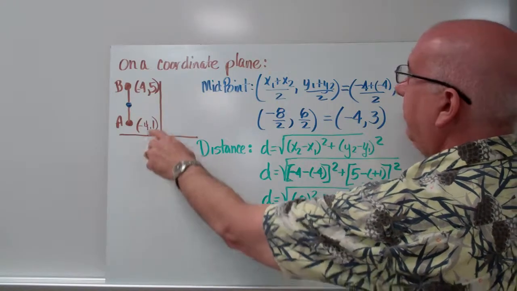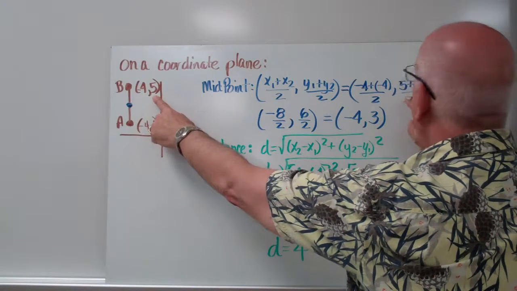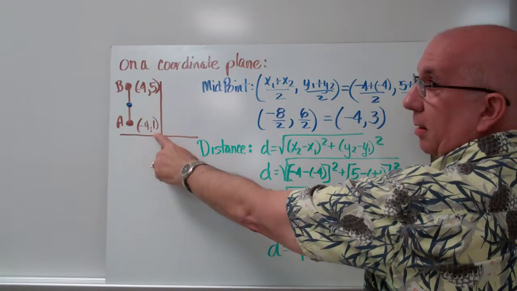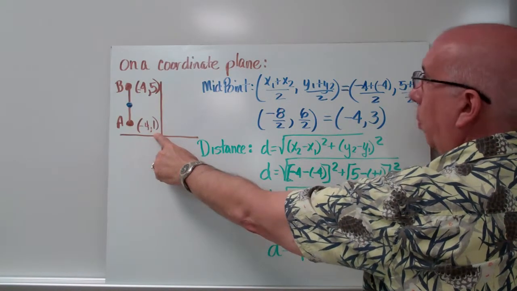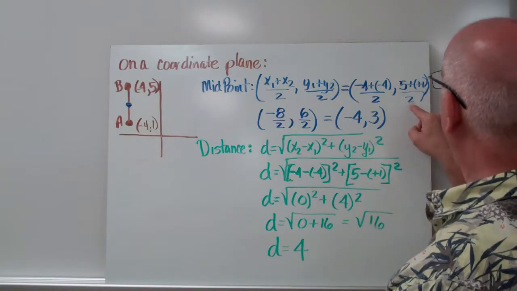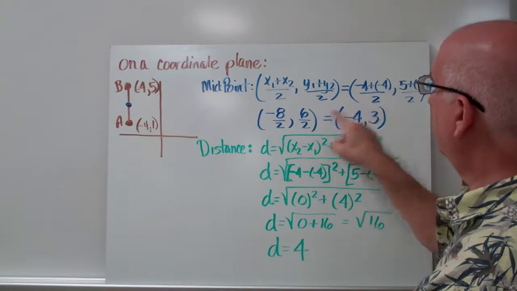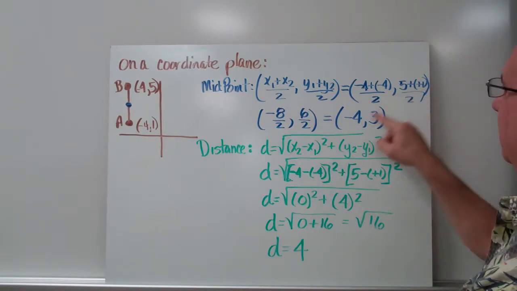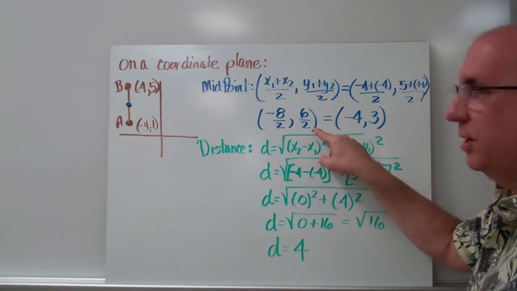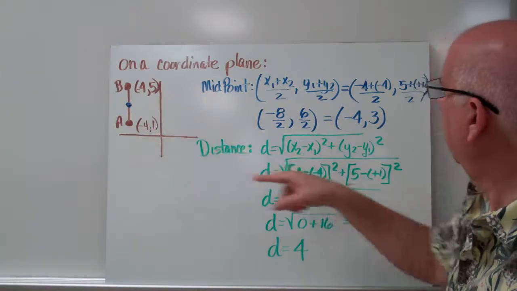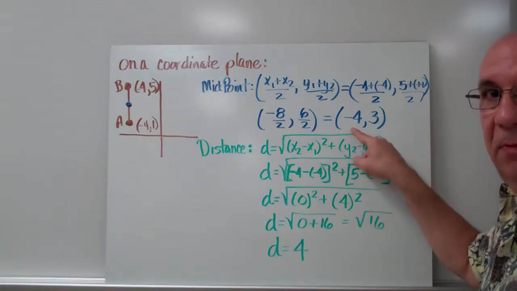Y sub 1 is 1 plus y sub 2, 5. Add these together. I get -8 over 2, 6 over 2. Simplify.